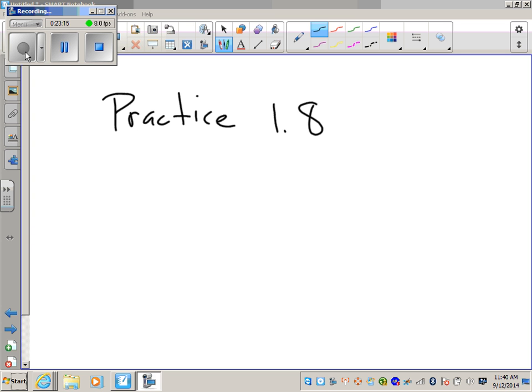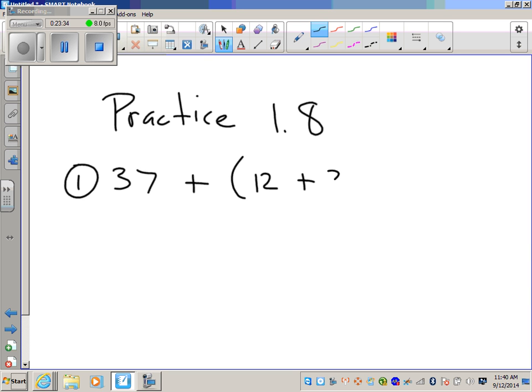So number 1, the way they have it lined up for you is 37 plus 12 plus 23, and they group off the 12 and 23. Now, you don't have to follow that model if you think there might be an easier way for you to add those 3 numbers together.